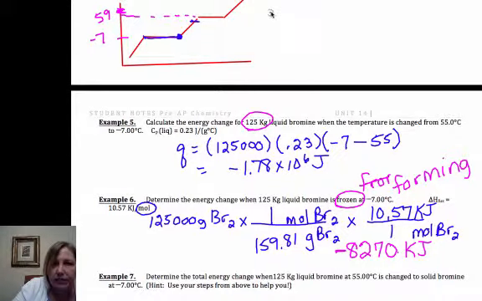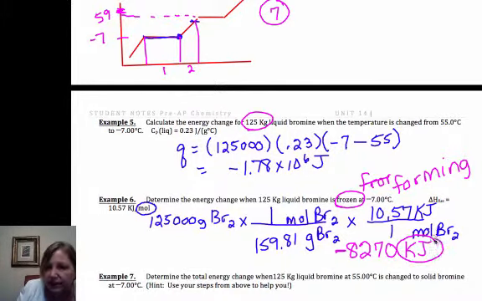Now, example 7 up above, I'm going to do up here so I don't have to scroll up the page. Now it asks us, what's my total? We had 2 steps here. Well, my total of those 2 steps is simply the sum of the 2. Make sure they're the same units. This one's kilojoules, this one's joules. And so when I add them together, I have to have them be the same units.